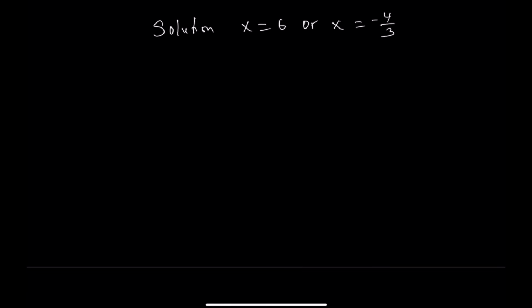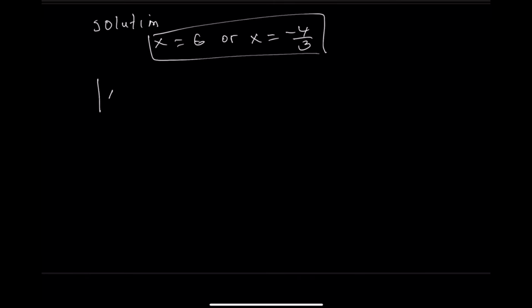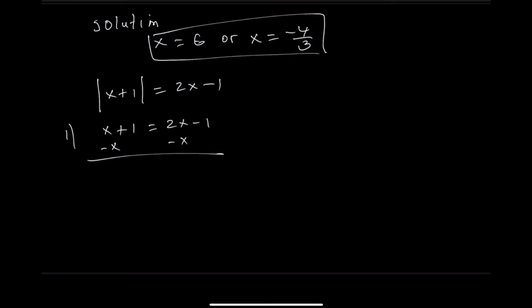Let's do one more example. The equation is the absolute value of x plus 1 equals 2x minus 1. Step 1. Write two equations. First equation, x plus 1 equals 2x minus 1. Subtract x from both sides. 1 equals x minus 1.